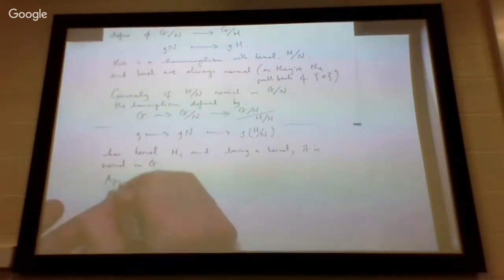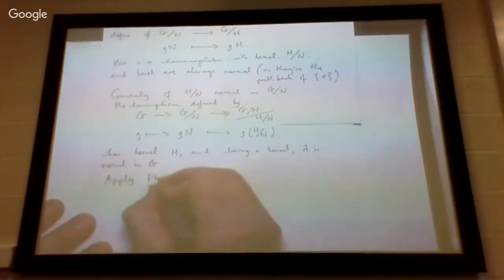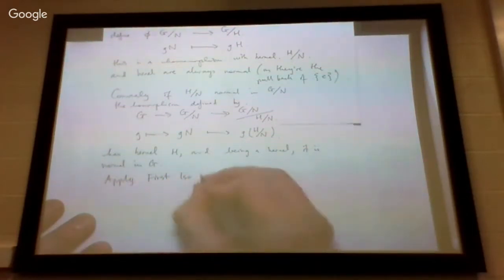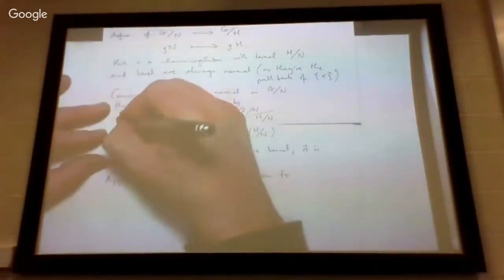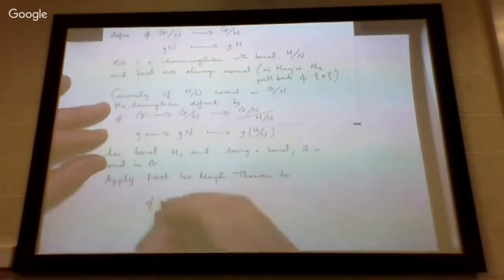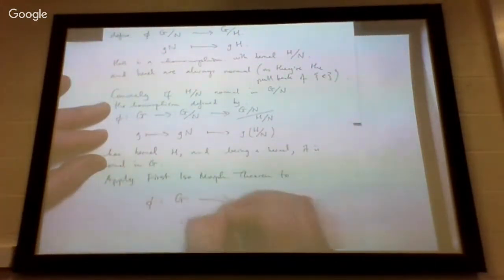And one last flourish, apply the first isomorphism theorem to this homomorphism phi. Phi from the left goes across to G mod n over H mod n.